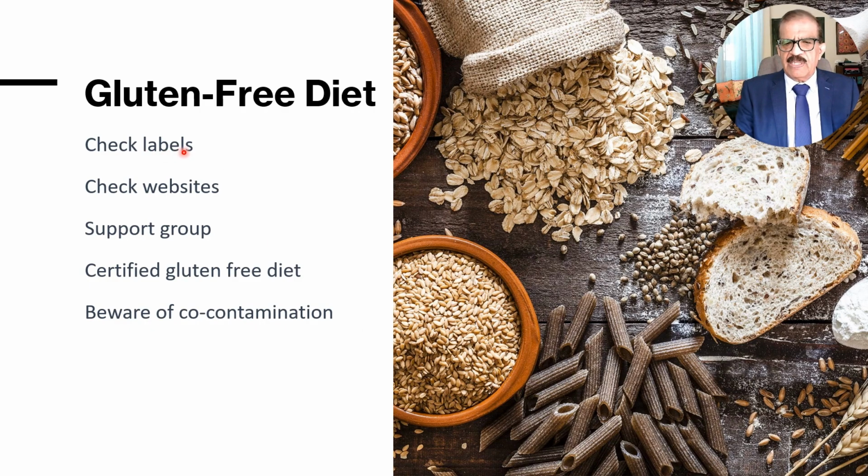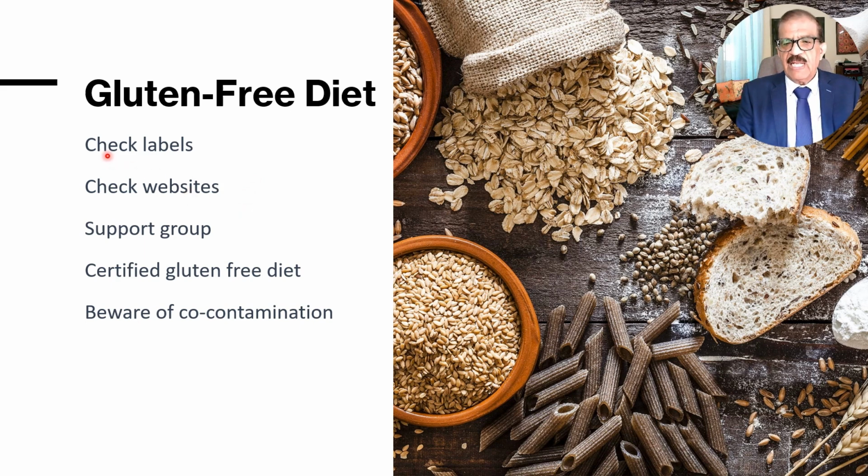Now, that means if you are avoiding a gluten diet, you have to give a gluten-free diet. This is just a principle. How do we know this diet is gluten-free? Number one, you should check labels. Go through very detailed labels if you are buying something from the bakery or the superstore.